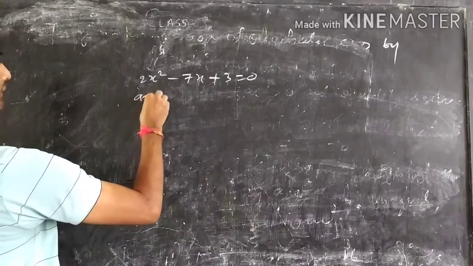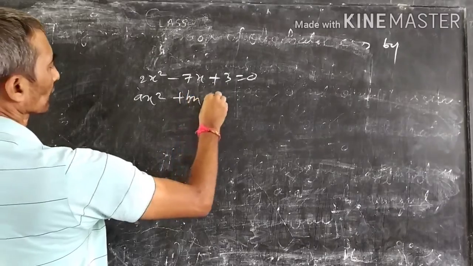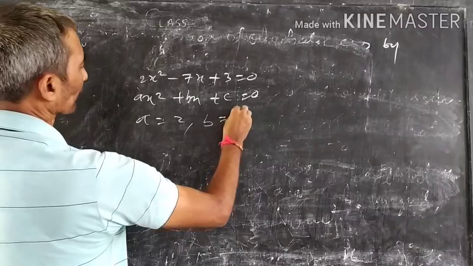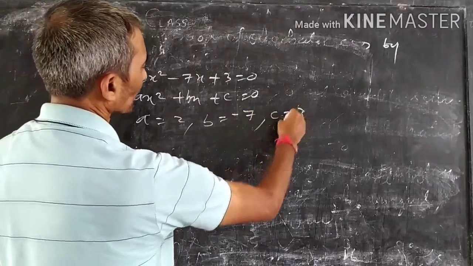Comparing with ax square plus bx plus c equal to 0, you will get a equal to 2, b equal to minus 7, c equal to 3.